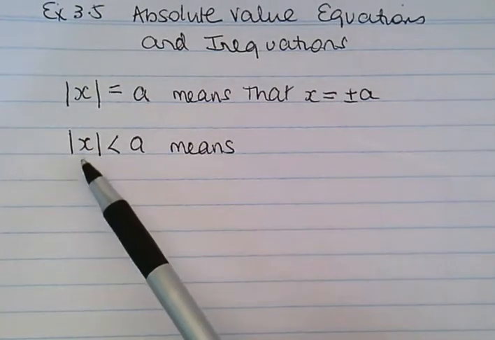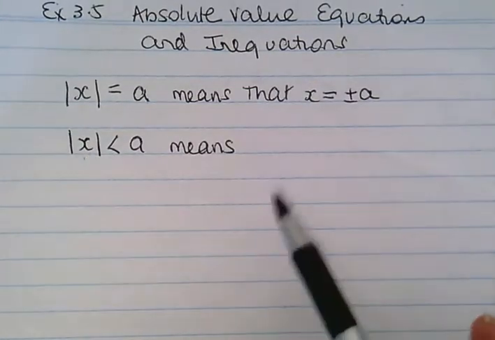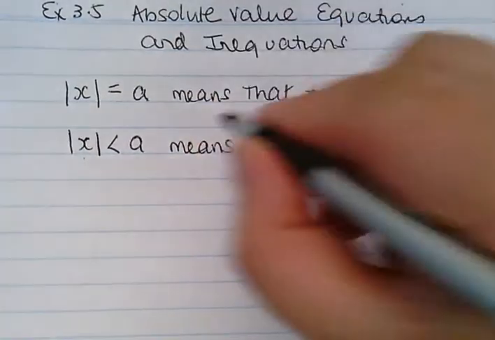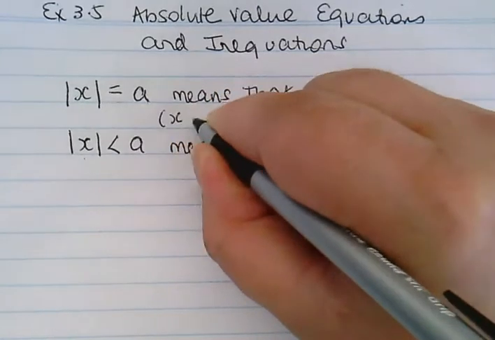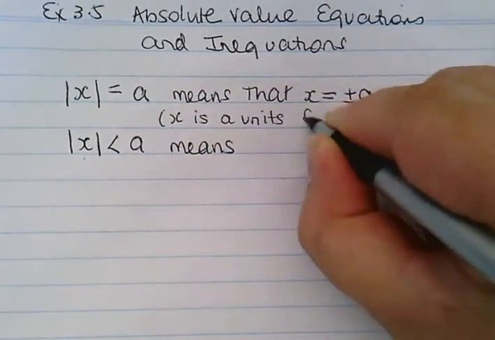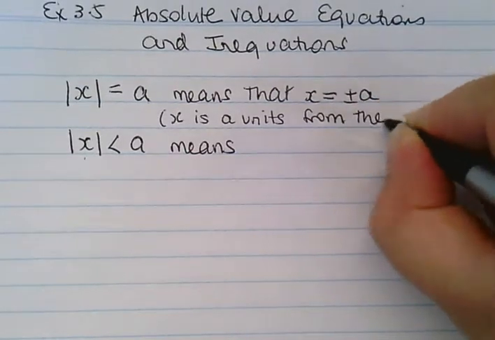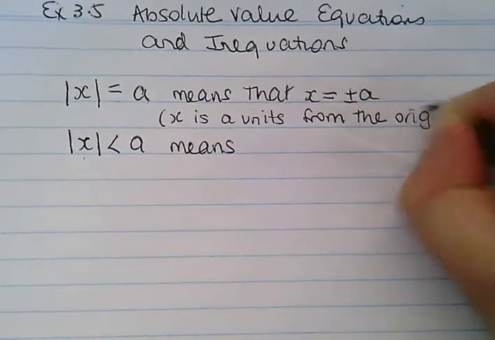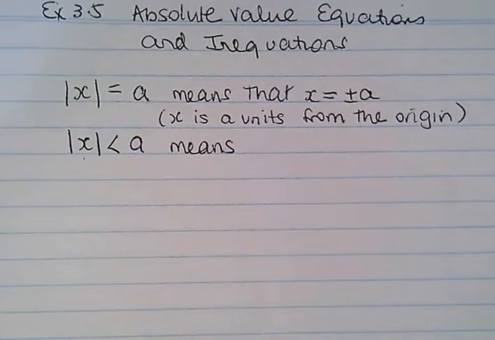This one here, absolute value, I'm going to write that in a minute. I'll just put it here, that x is a units from the origin. The distance of x from the origin. Always, absolute value is defined as distance from the origin.